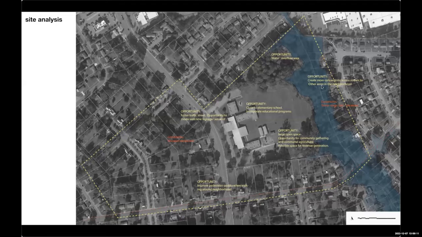And also an opportunity to look at connections to the neighborhood and the site, so where people are entering, and if they live in different places in the neighborhood, what are some different connections that they can use to easily get into the space.